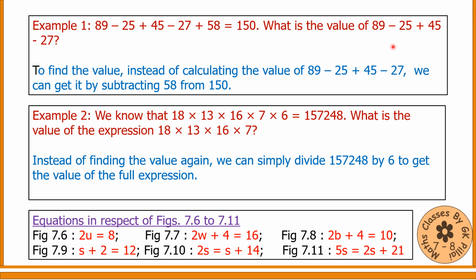What is the value of 89 minus 25 plus 45 minus 27? So this excludes 58. Instead of finding the value of all, you can subtract 58 from 150 so that you get the value of this.